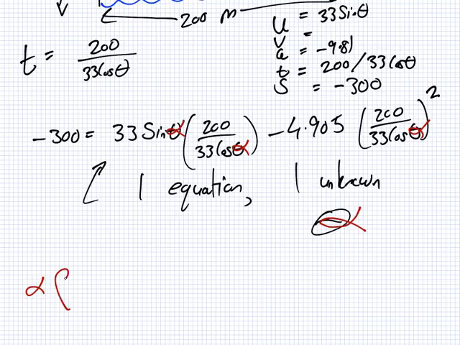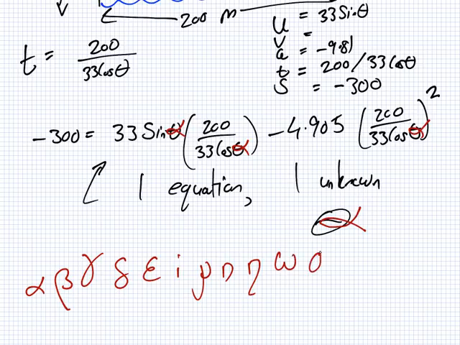Alpha, beta, gamma, delta, epsilon, iota, mu, nu, eta, omega, sigma, theta, phi, psi, zeta, lots of them. So today we're using theta. Tomorrow we could use alpha.